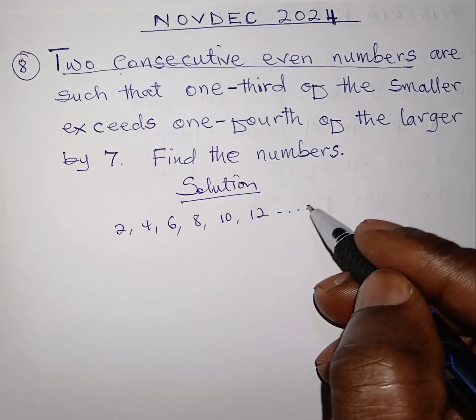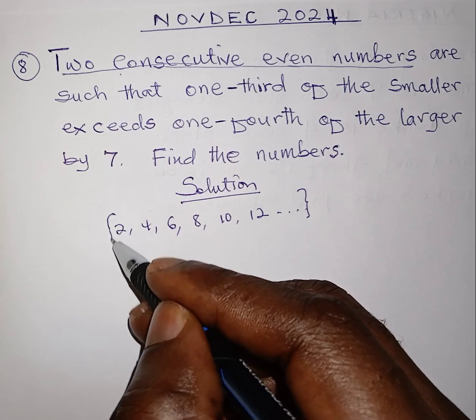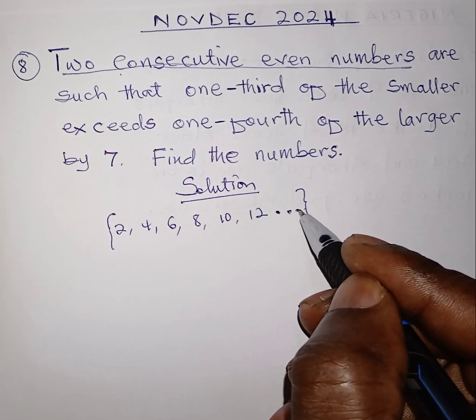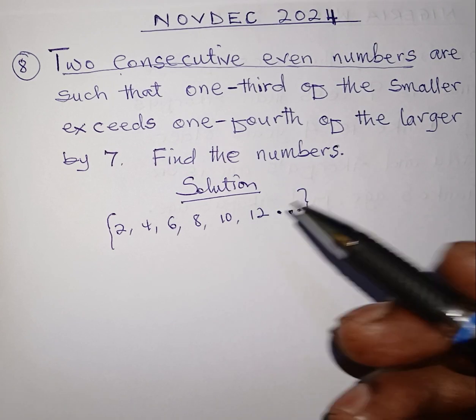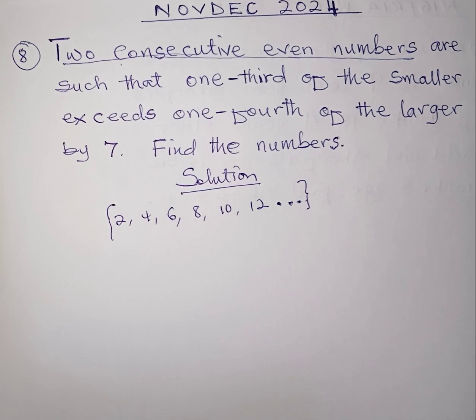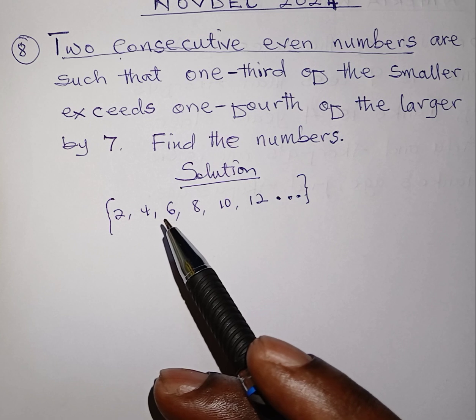So these are even numbers. If you want to continue, we can continue and continue. Good. So if these are even numbers, in this question we are saying two consecutive even numbers.